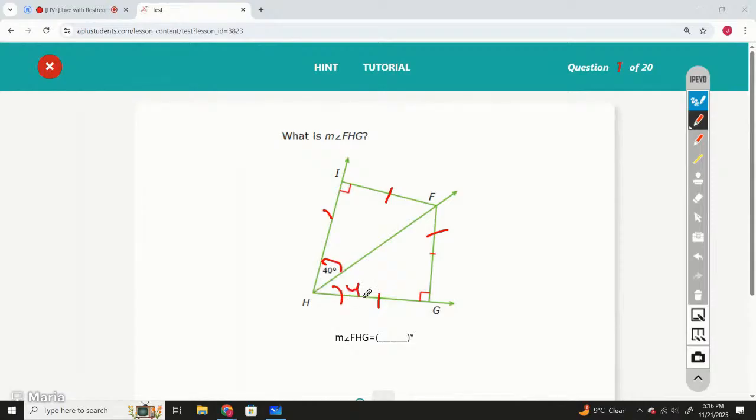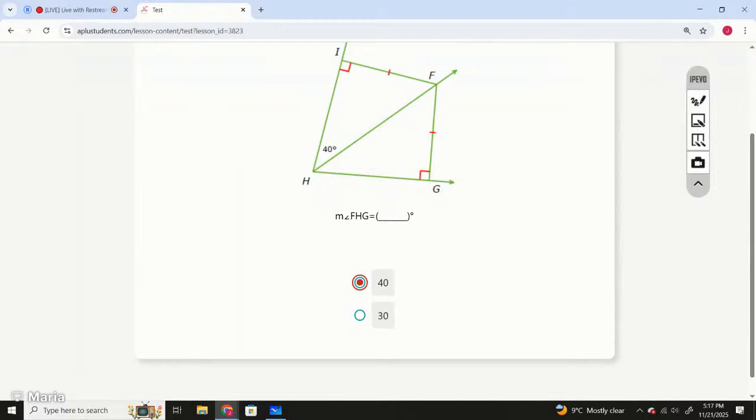So angle FGH is also 40 degrees. The correct option is 40 degrees.